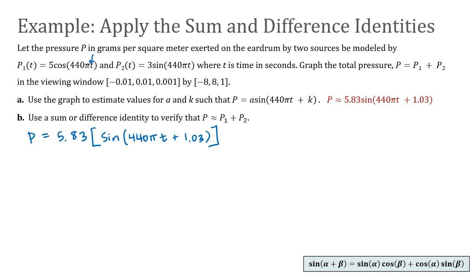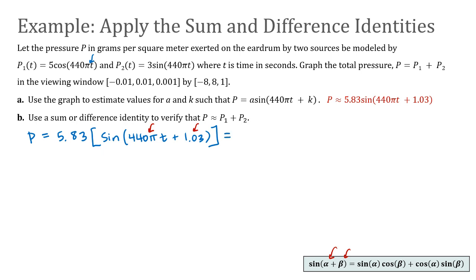Okay, so in this example, we have an alpha, right? Our alpha is going to be the 440 pi t, and our beta is going to be 1.03.